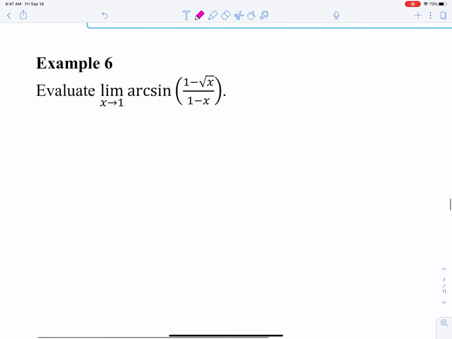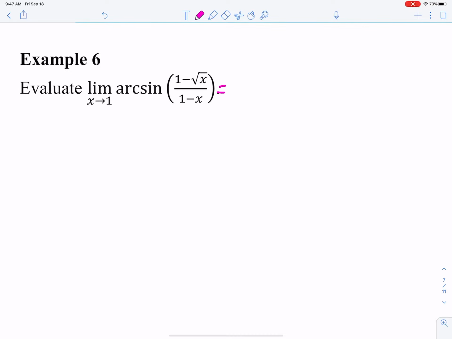So they want us to use that, and let's evaluate the limit as x approaches 1 of arc sine of (1 minus radical x over 1 minus x). Arc sine, we should know that one. That's just inverse sine.